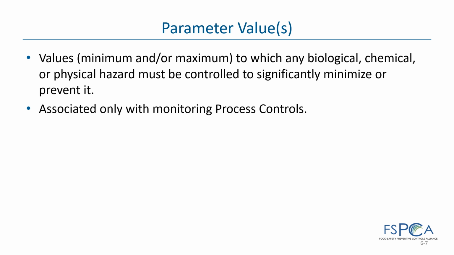So all of your qualified individuals, or anyone that is doing monitoring of a preventive control for you, or even outside of a preventive control, anyone involved in the manufacturing process should be educated on the fact that the term parameter value indicates a preventive control and is strictly safety associated. Operating values, critical values, those are a little bit different, but parameter values are a safety associated term.